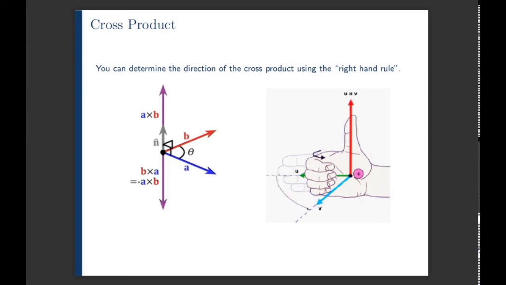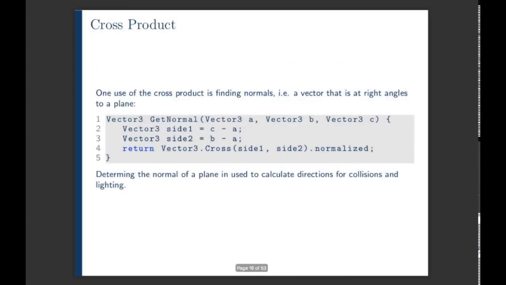Now, if we take the cross product u times v, then your thumb is pointing in the direction of that cross product. If we take the opposite cross product, v times u, then the cross product is pointing the opposite direction, pointing away from the red line there in the diagram.